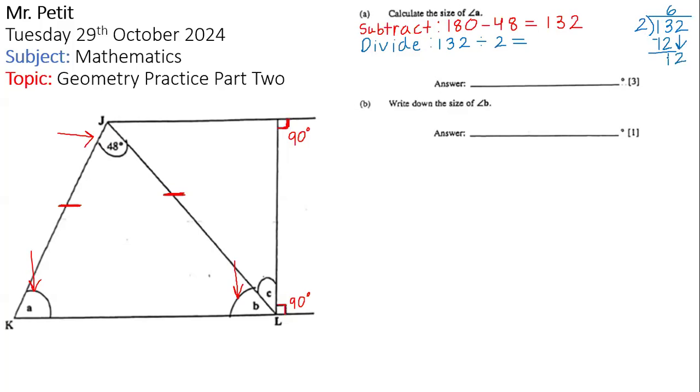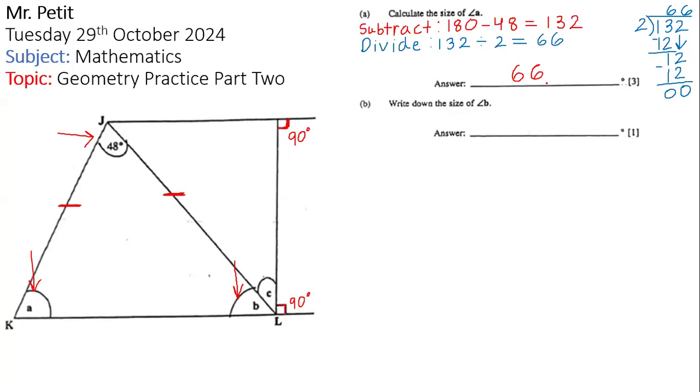How many times does 2 go into 12? 6. 6 times 2 is 12, minus 12 is 0. So that is going to be 66. So what is the size of angle A? 66 degrees.